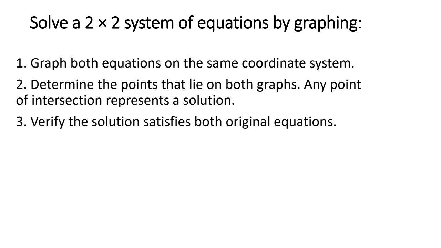Now, how you graph is going to be up to you. You can plot points, but remember, your graphing tool will take 2 points, and then you have to check a third. You could also use the slope-intercept form, which I'm probably going to do with these equations because it makes it easier. Now, this third step is asking you to verify the solution. That's going to be your choice.